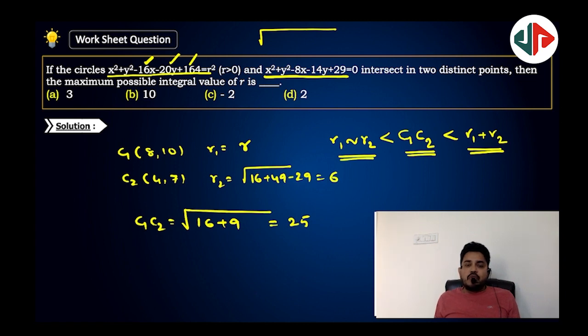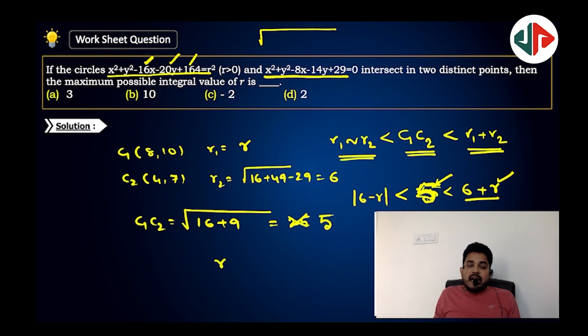So 25 should be less than 6 plus R. So 25 means it is only under root. Just a minute, C1C2 is equal to, yes, 5. So 5 should be less than R1 plus R. So R can be any positive value. But the difference, modulus of 6 minus R, should be less than 5.